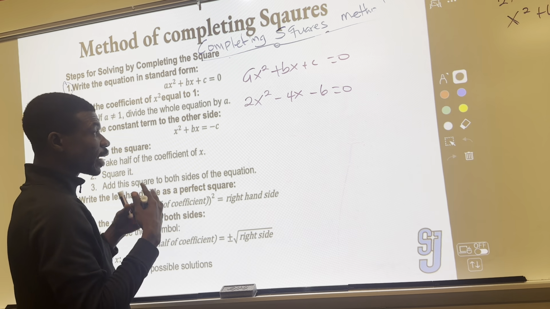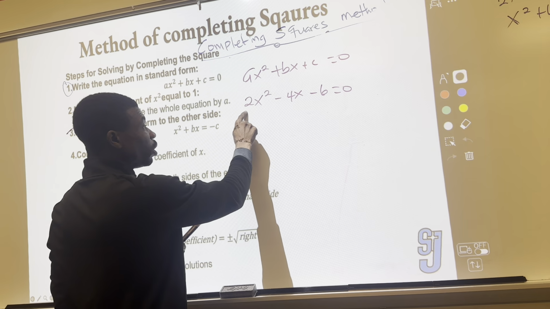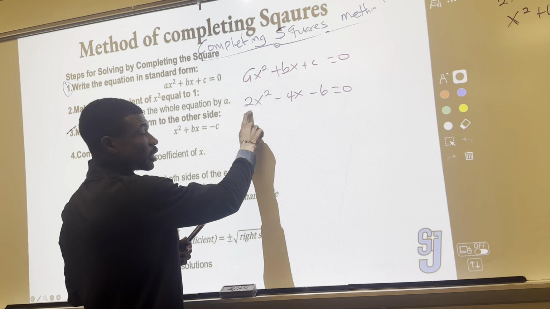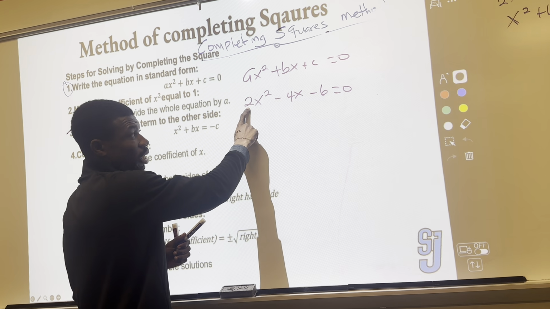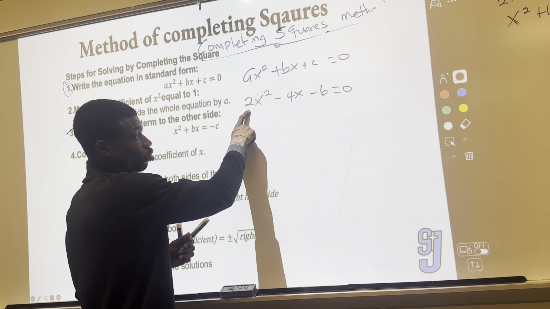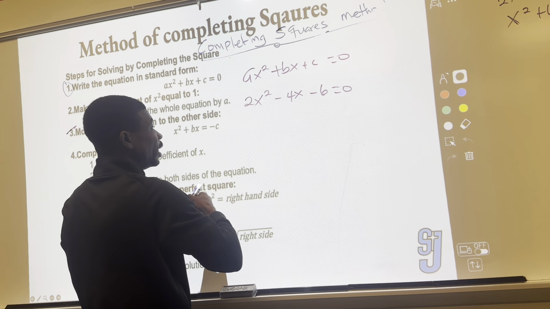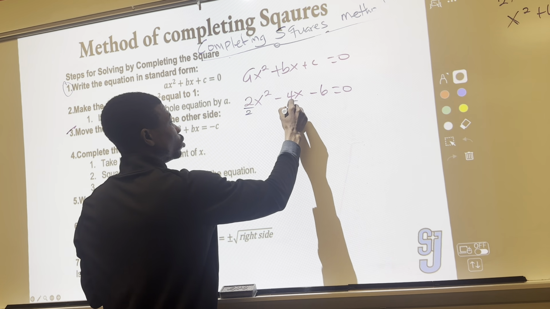Now, the second step says to make sure that the coefficient of x squared is always equal to 1. In this case, our coefficient of x squared is not 1, but 2. So if that is the case, then divide by 2.